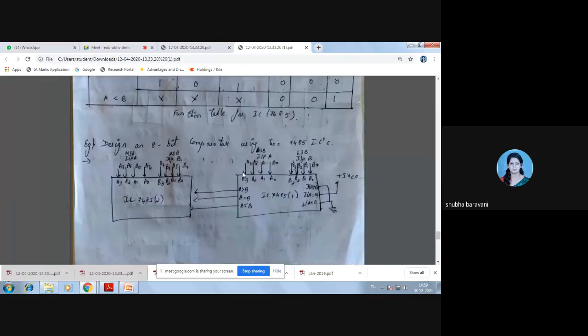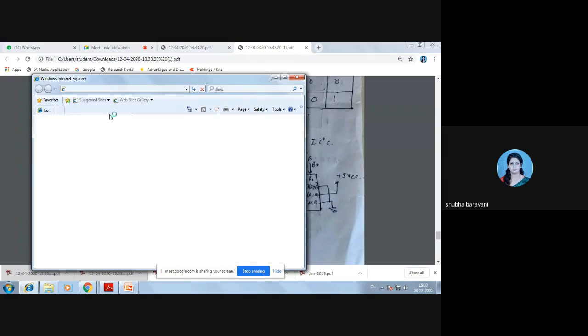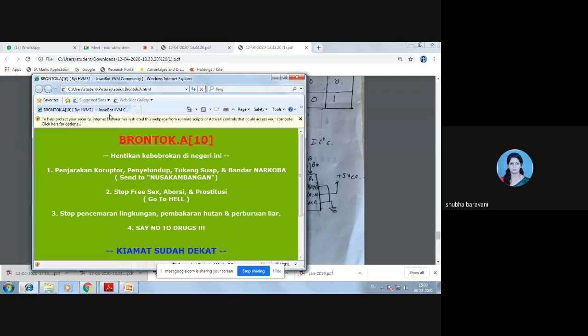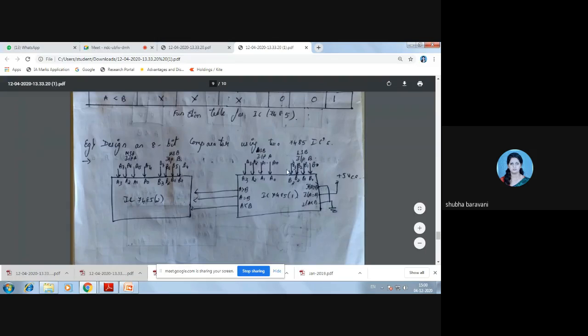Okay? Now see, you are asked to design an 8-bit comparator using two 7485 ICs. A and B are two inputs.